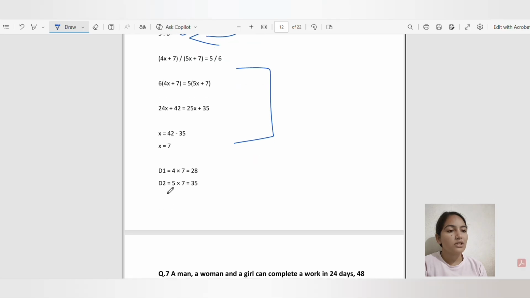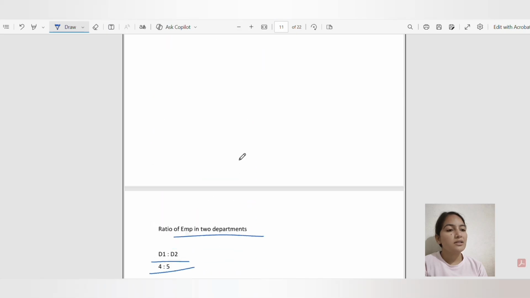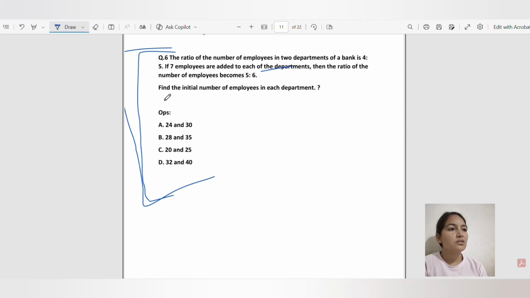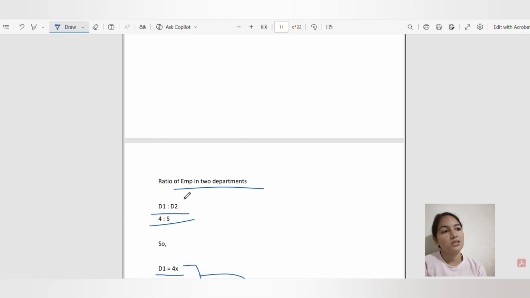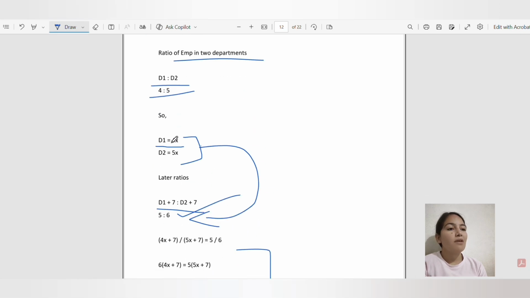And after solving this, we will get the value of x, that is 7. And while putting the value of 7 in D1 and D2, we will get the values of D1 and D2, and this is our answer. Why? Because in the question they are asking about the initial number of employees in each department, and we have assumed the initial number of employees as 4x and 5x.